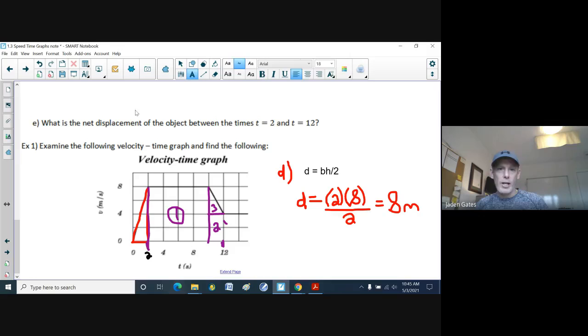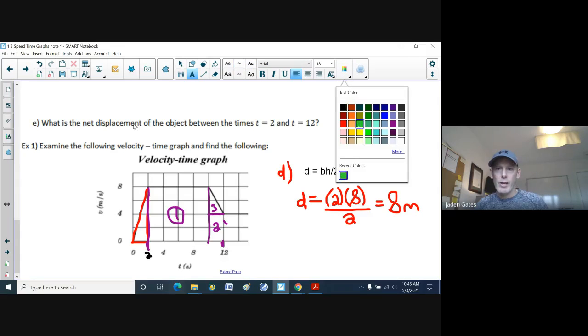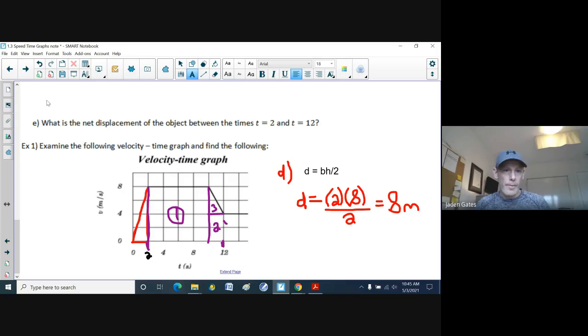All right, and so I'm going to do that up top here. Let's pick a different color. Let's go with green. All right, so the distance is going to equal the first rectangle, area number 1 here. Let's call that A1, plus A2, plus A3.